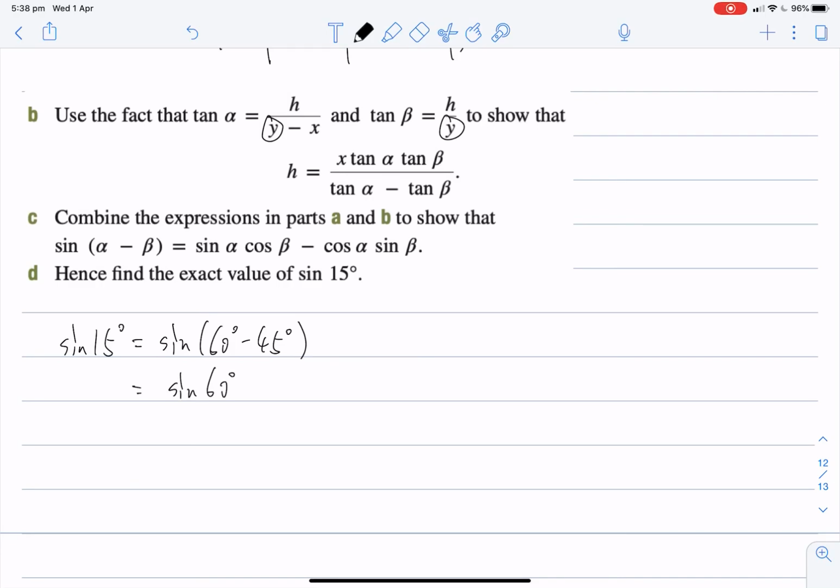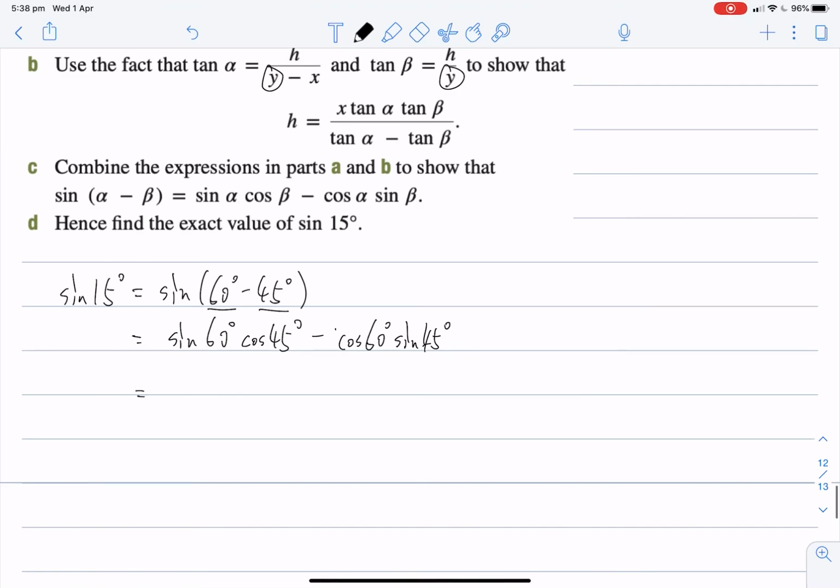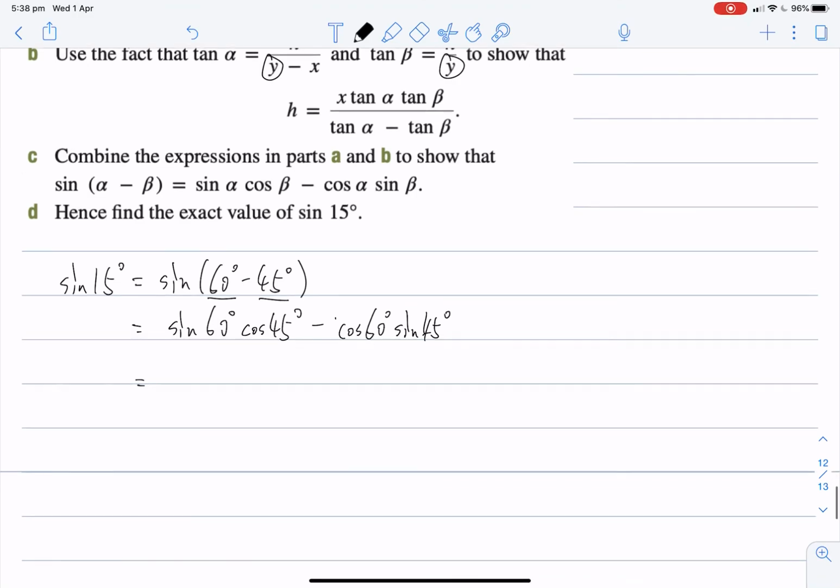So alpha is 60, beta is 45 here. So sine 60 cos 45 degrees minus cos 60 degrees sine 45 degrees. Okay, so we can use the exact values to work it out.